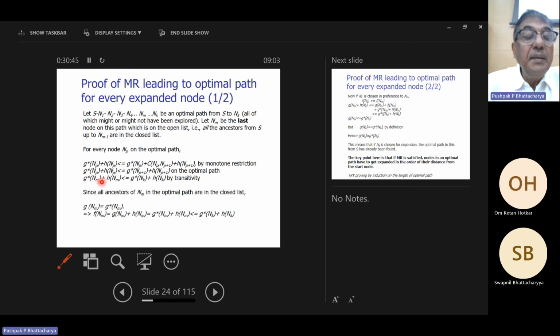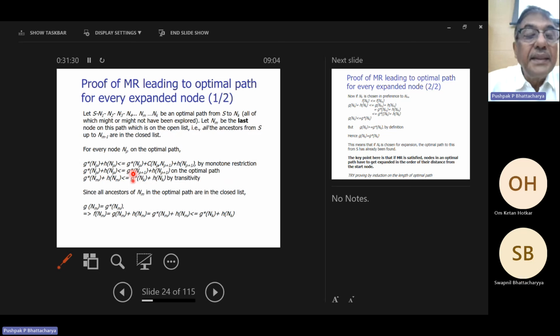Now g star(np) plus c(np, np plus 1) must be g star(np plus 1).